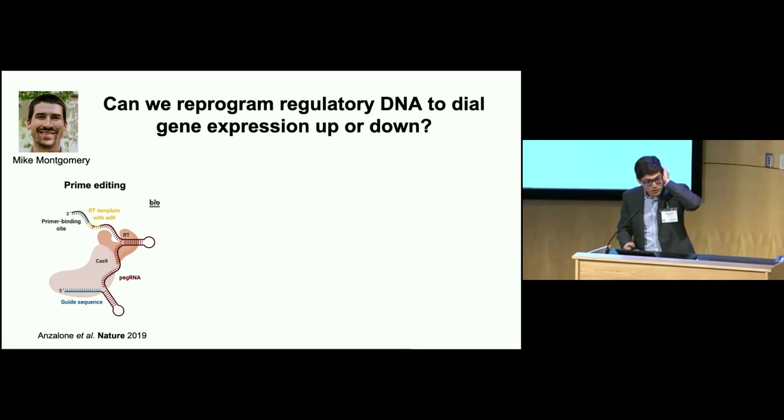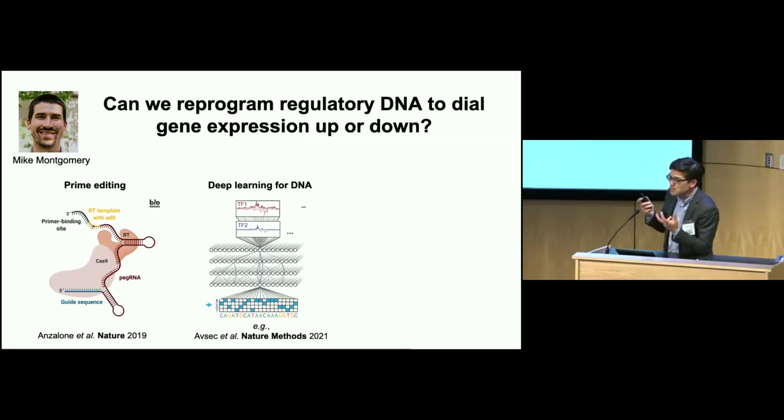One, of course, was the introduction of prime editing, which for the first time made it really efficient to delete or insert, let's say, 10 nucleotides at a time, which is about the size of a transcription factor binding motif.